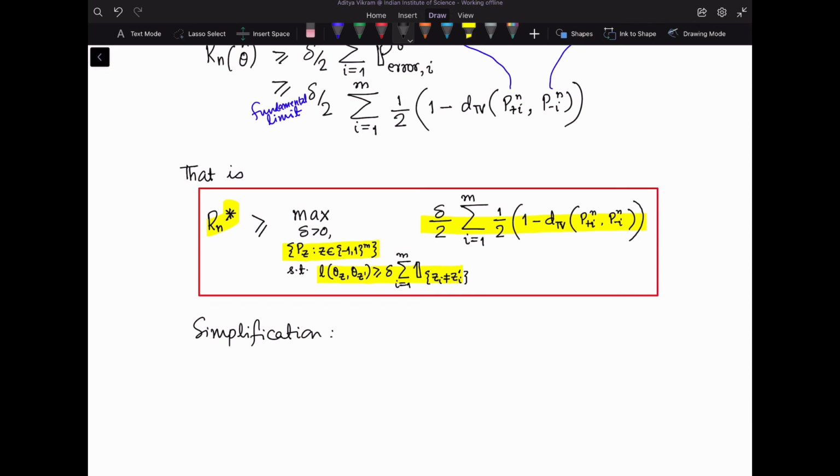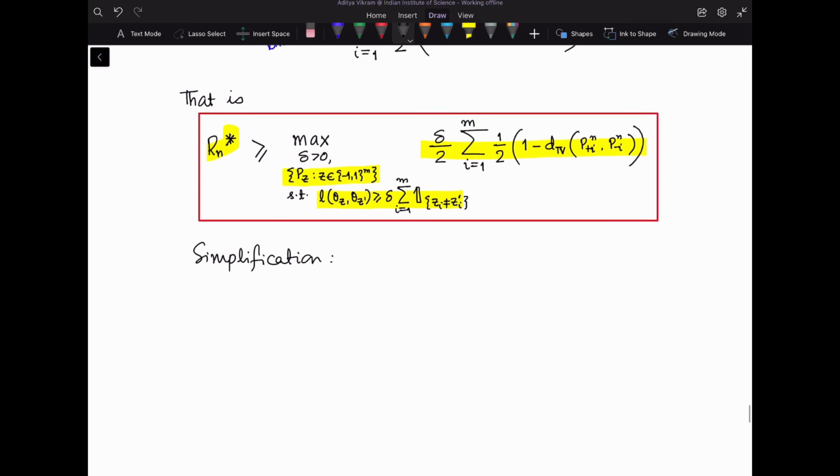Consider the total variation distance between p plus i n and p minus i n. We just substitute the definition of these quantities.